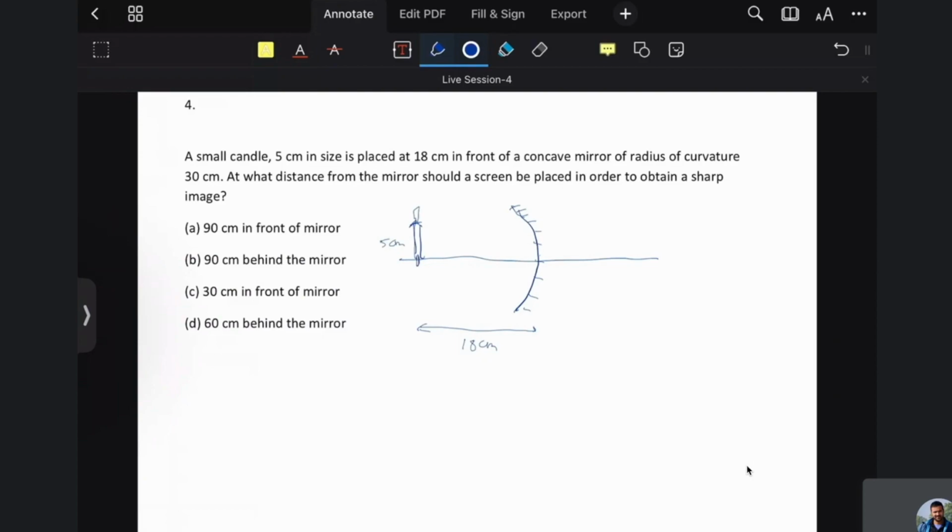It is placed in front of a concave mirror, and the radius of curvature is given as 30 centimeter. Do you know what radius of curvature is, Sandeep?